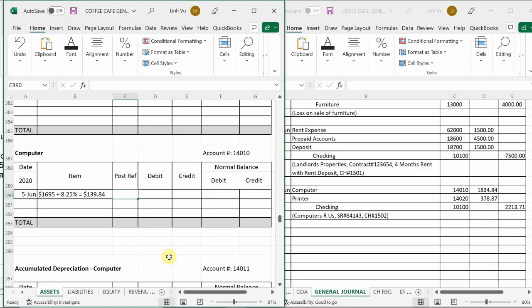We're still on our first page here. So I acquired my computer for $1,834.84. Okay.